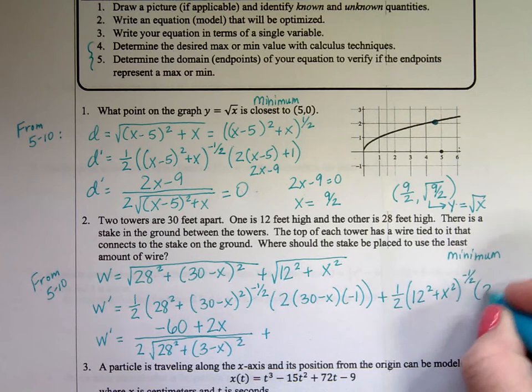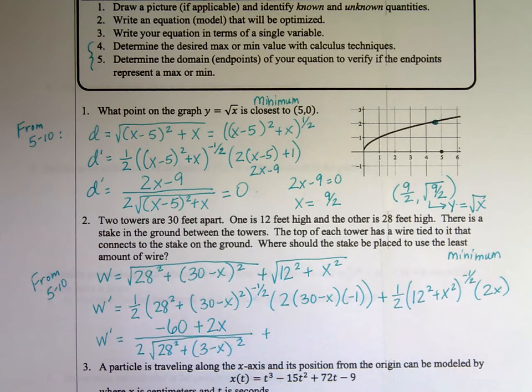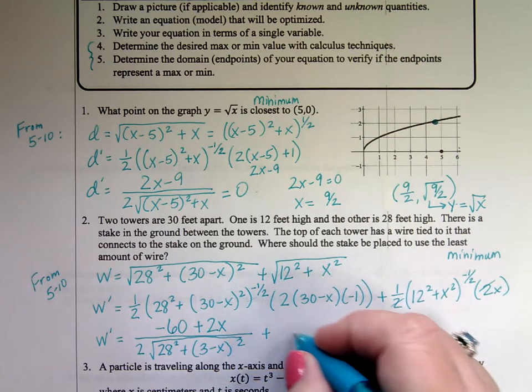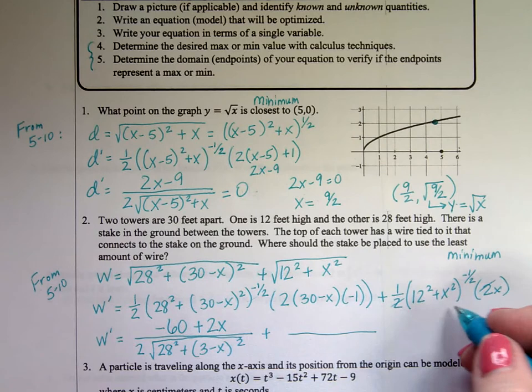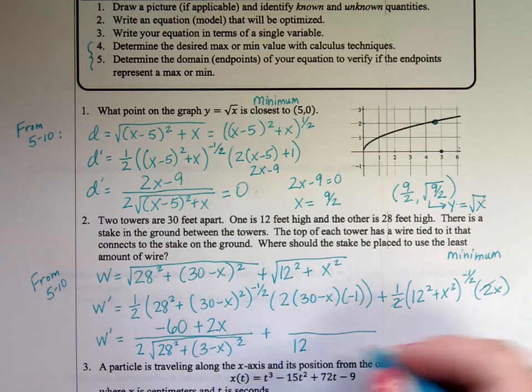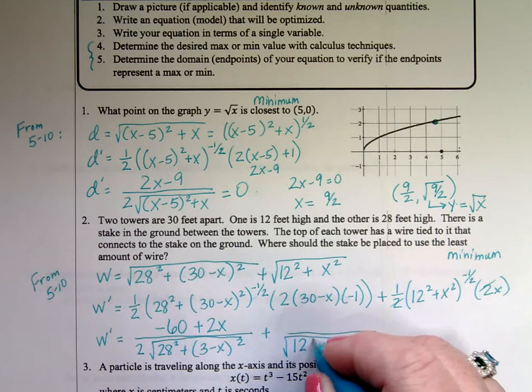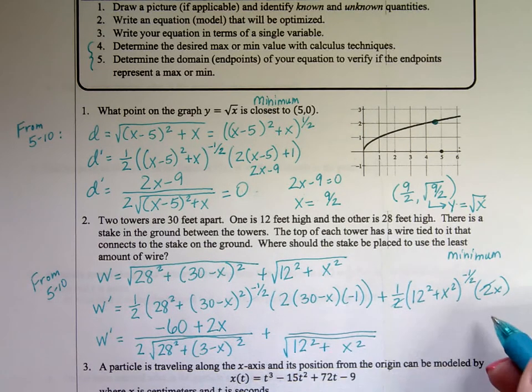That's just a 2x this time. Ooh, 2's cancel. I can do that. So let me put my fraction together. My fraction has this in the denominator: the square root of 12 squared plus x squared. And in the top, I just am left with an x.